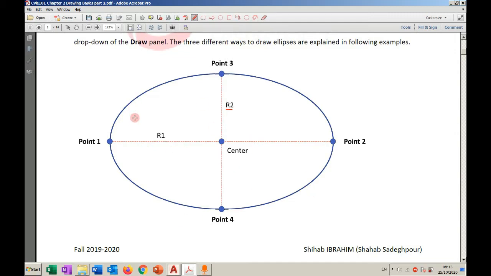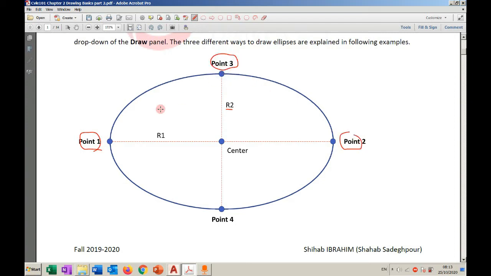For this method, a combination of 3 points here, any combination you end up with, will be okay to draw the ellipse. Why? Because if you choose 3 points out of the 4 points, 2 of them will be on one axis, 1 of them will be on the other axis. Let me just give you a hint. I can choose point 1, point 2, point 3.